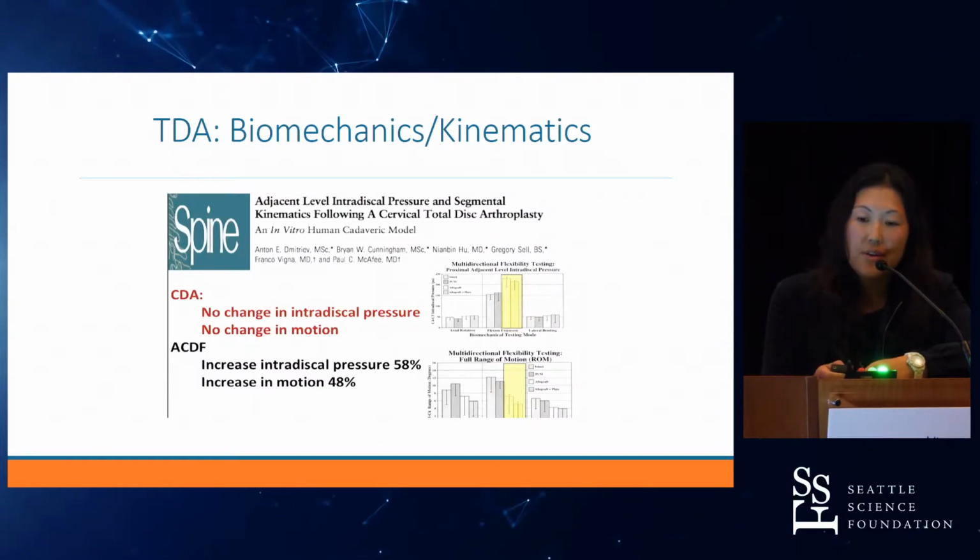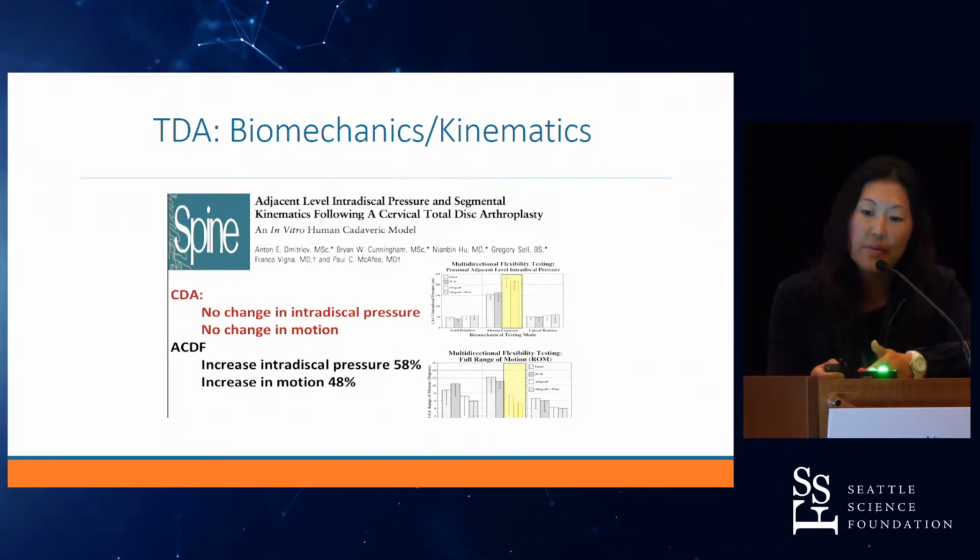A dozen years ago or so, when the total disc arthroplasty first hit the scene, there was a biomechanics study that measured the intradiscal pressure and the motion at the adjacent segments in an ACDF versus a total disc arthroplasty. Essentially, there was no change in intradiscal pressure and motion in an adjacent segment to a total disc arthroplasty.